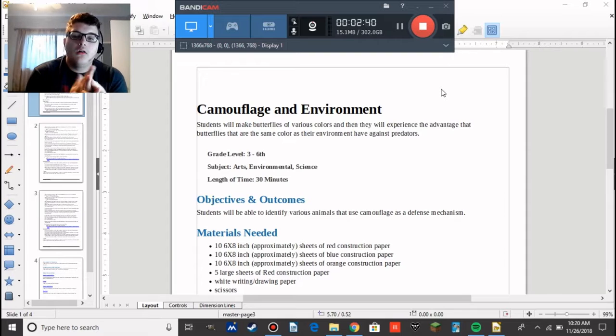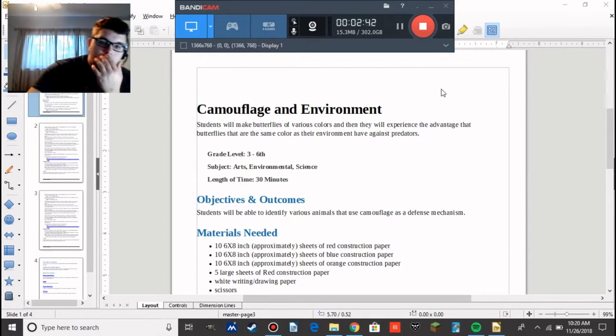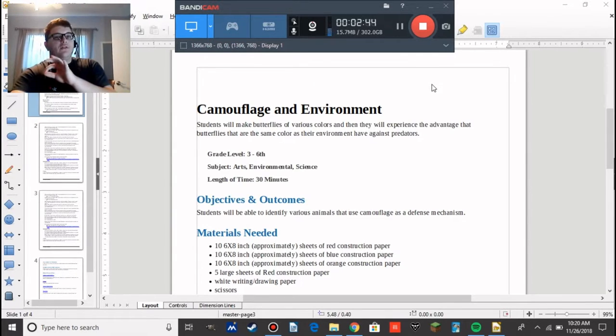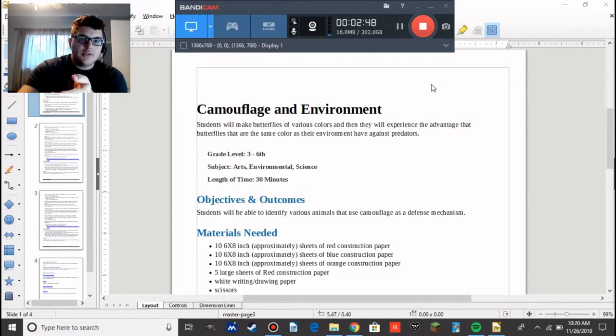After all that, they then have to draw certain animals that have certain camouflage traits, i.e., a polar bear in the North Pole or a frog in a tree, etc. Now, the issue is they got to do this all in 30 minutes, which I can see can be possible with the right teacher and with the right students.